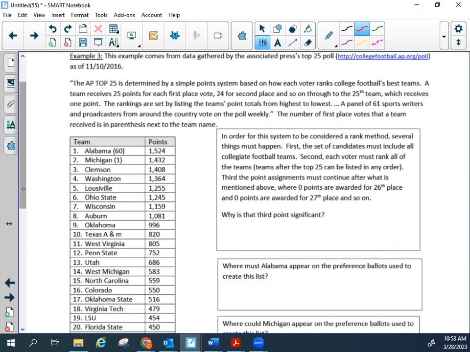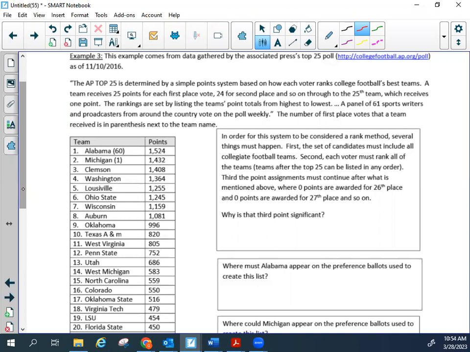And the way we handle that is when a voter submits a ballot, whoever they ranked as number 1 gets 25 points. Whoever they ranked as number 2 gets 24 points. Whoever they ranked as number 3 gets 23 points. Whoever they ranked as 4 gets 22 points, and so on and so forth. And whoever gets 25th place gets 1 point.